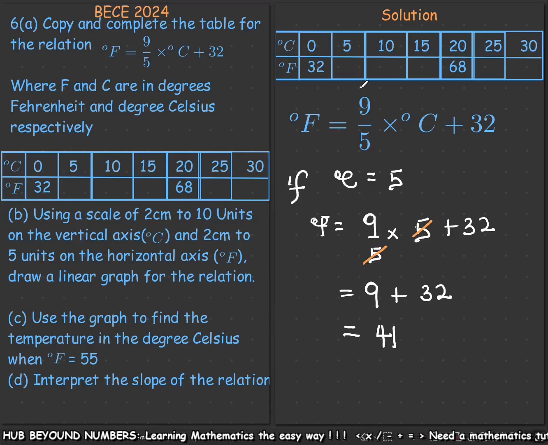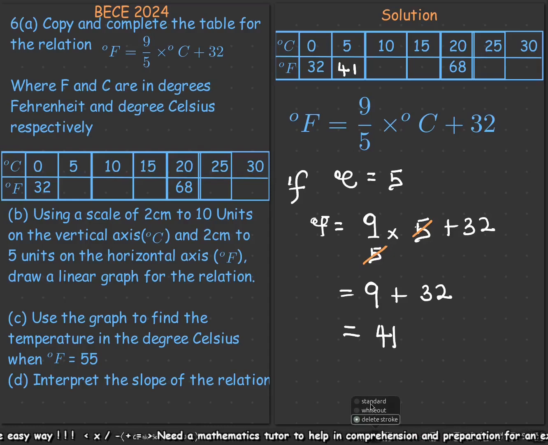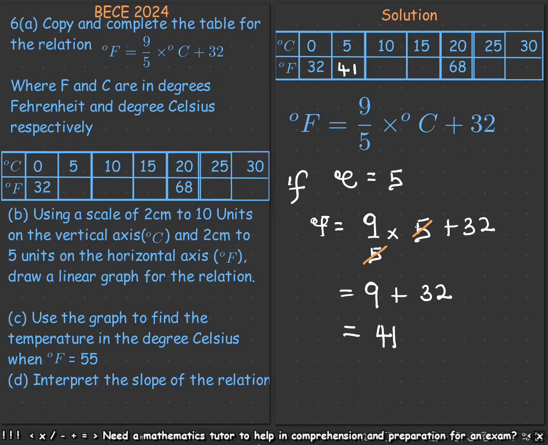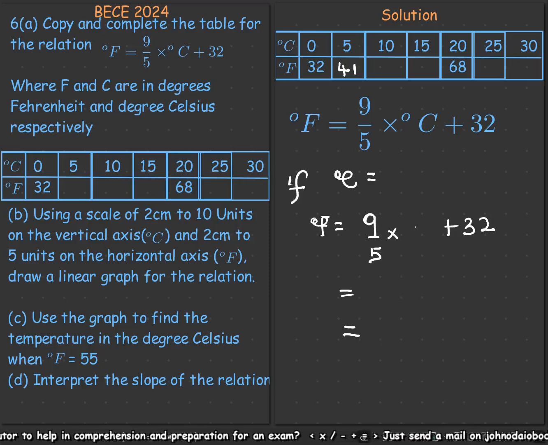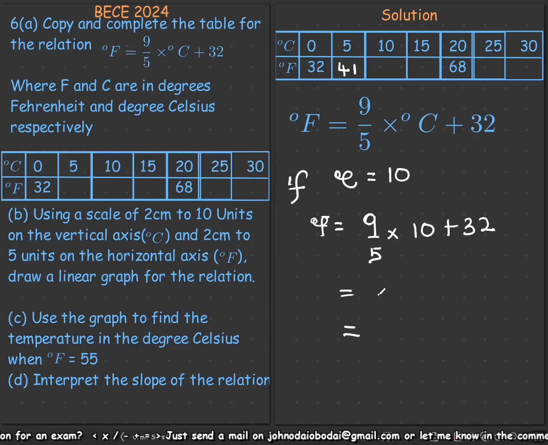So we come here and you write your 41 over here. This is what you do for all the numbers that have not been done already. So on that note, let's look at what we are going to do for 10. We are writing the same thing. For 10, if degree Celsius is equal to 10, then we'll have 9 over 5 times 10.